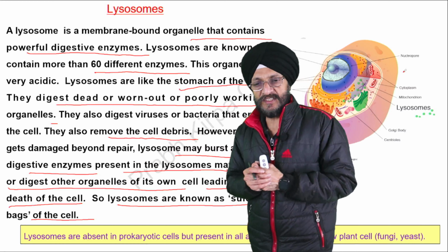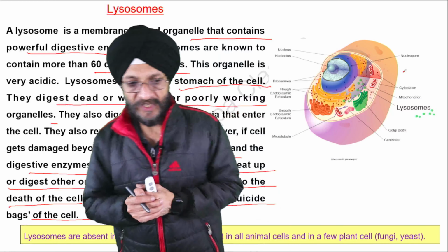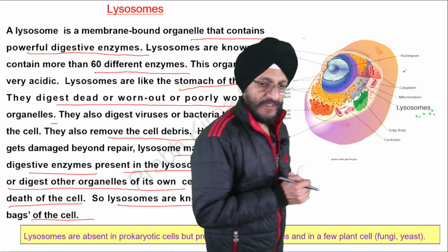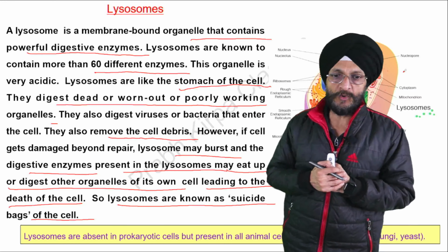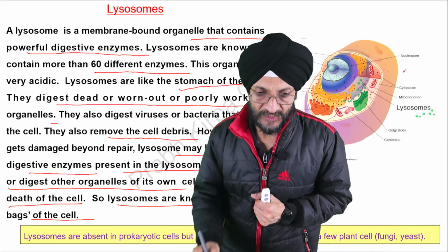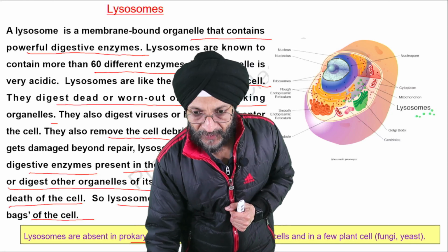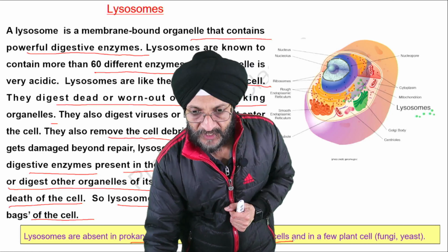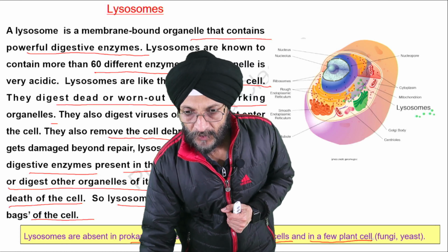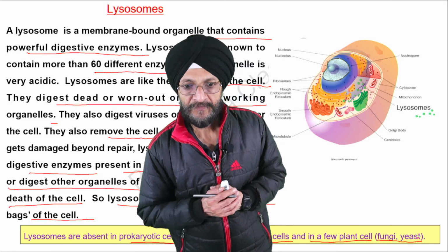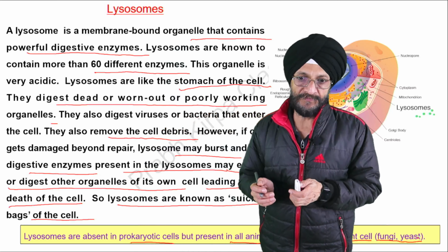So due to this reason, the lysosomes are known as suicide bags of the cell. It is to be noted that lysosomes are absent in prokaryotic cells but present in all animal cells and in a few plant cells, that is fungi and yeast.